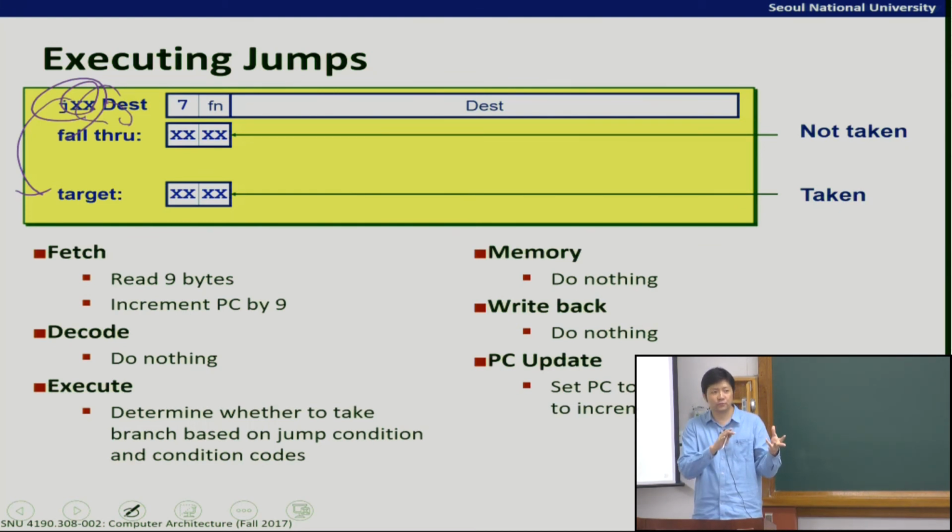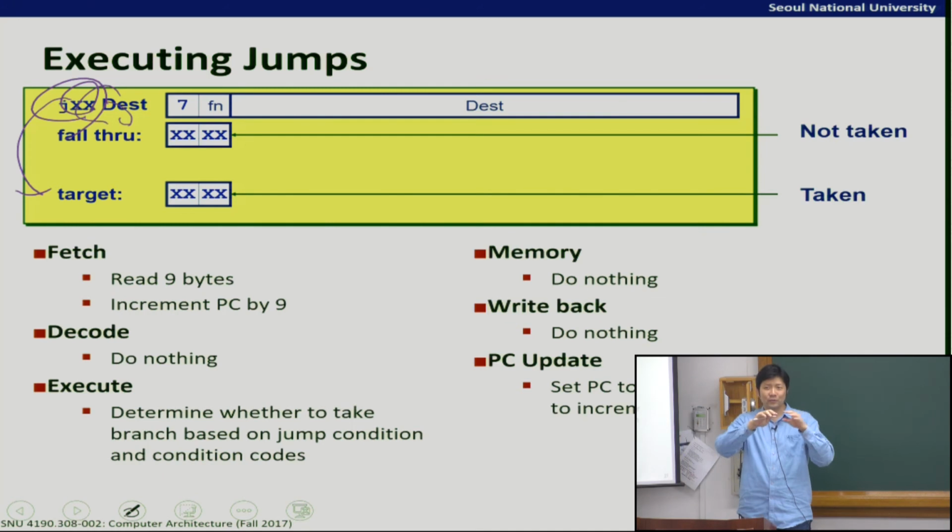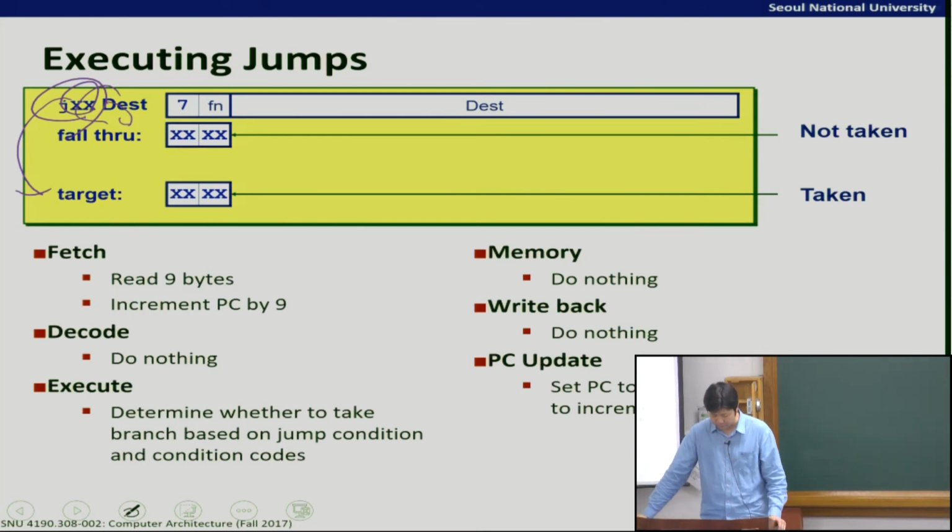In the conditional move, we have to evaluate whether we're going to execute this move instruction or not, depending on the value of the condition code and this XX field. If it matches, then we move. Otherwise, we don't.